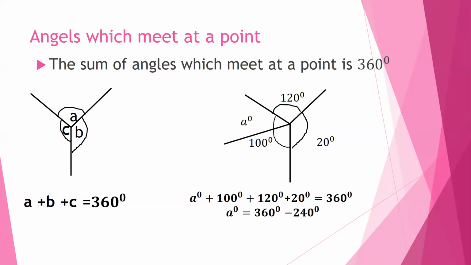So when you sum all these angles, you are supposed to get 360 degrees. So when you add 100, you add 120, and you add 20, you get 240, right? So you group like terms. This A will be on one side, and then you have your 360 minus 240, and that would give us 120 degrees.